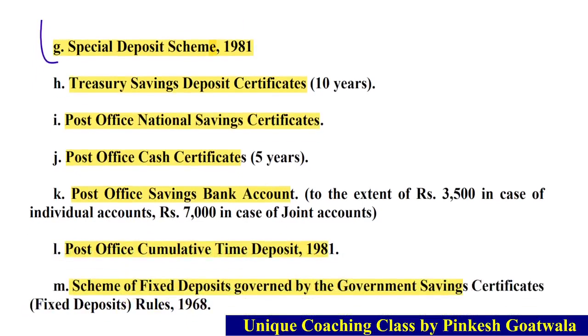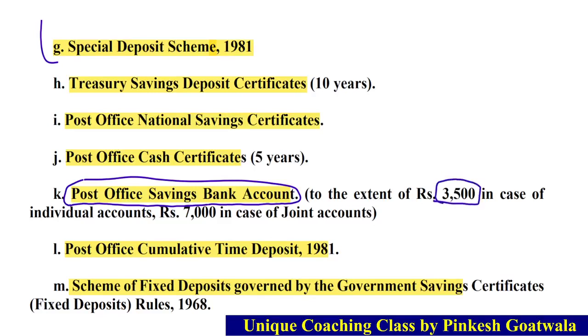And here the post office savings bank account, that is, if you open a savings account in the post office, like the savings account we have in a bank. So here there is some exception, but with a limit. If an individual account is opened, then the exemption amount is up to only 3500.